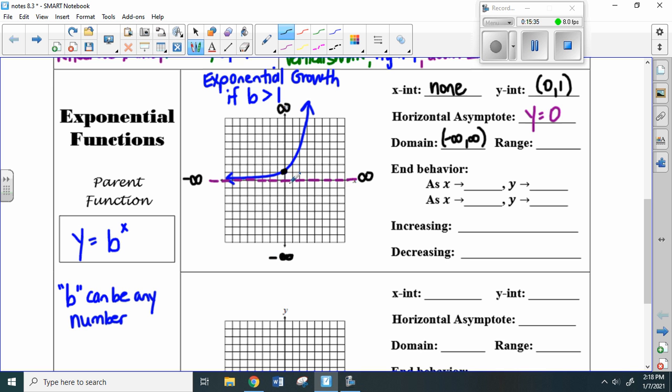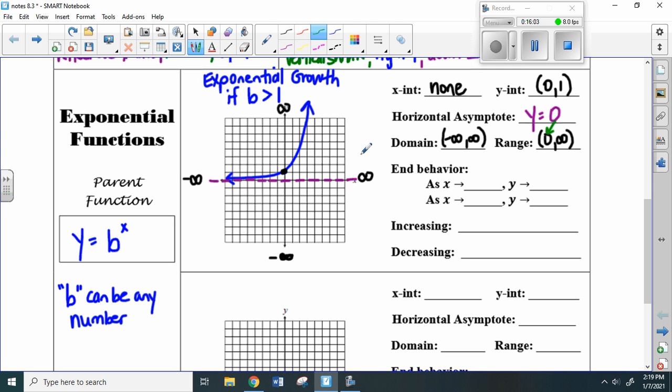My graph starts just above the horizontal asymptote, right? So that means I start at the horizontal asymptote, but I'm not allowed to equal it because I don't touch it, and I go up forever. So it starts at 0 and goes up. Make sure that you understand that the 0 comes from the horizontal asymptote.